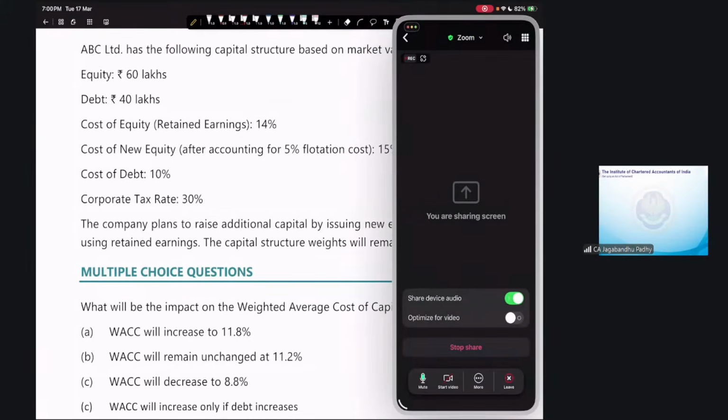Yes, in the preference dividend formula, we will take ex dividend and not cum dividend. We will take ex dividend. True.